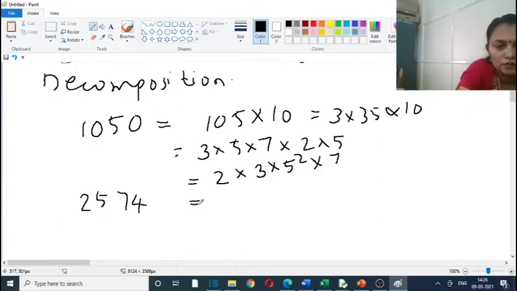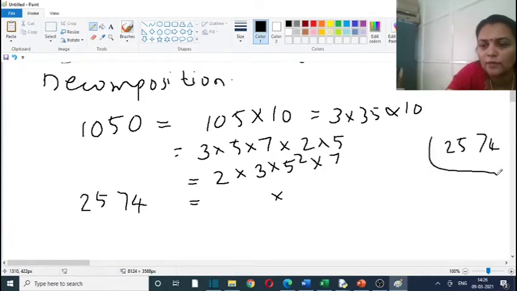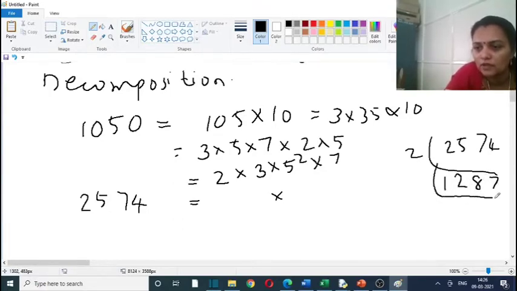Which is equal to... this is sum 2. This we could divide in this form. 2574 by 2: 1287. Then 429 is again divisible by 3, so this is 429.